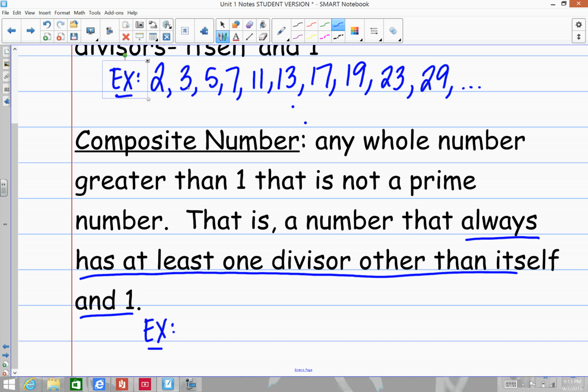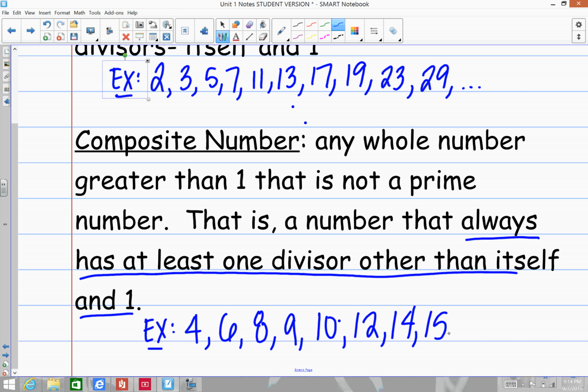So if you look, 2, 3, okay, I skipped 4, well, 4 has other divisors other than itself and 1, so I have 4 times 1, 2 times 2 gives me 4. I skipped 6, so that has other divisors other than itself and 1, 2 and 3, 1 and 6. I skipped 8, 9, 10, 12, 14, 15, 16, 18, and so on. So basically all the numbers I skipped.